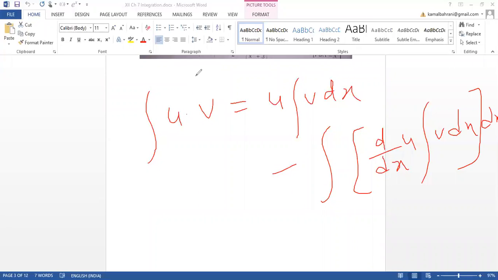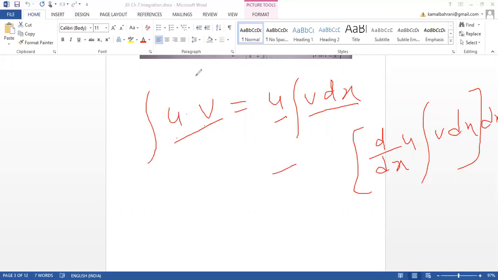This is your formula. So if you are having two functions u and v, you integrate them as first function as it is, integration of the second function, minus integration symbol. Keep this thing in mind.